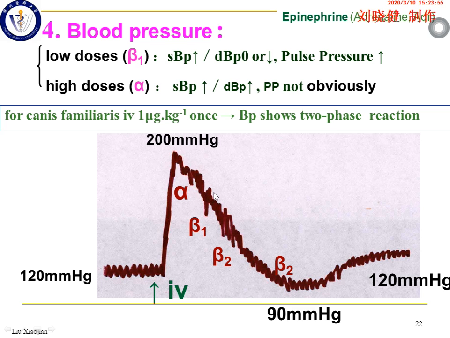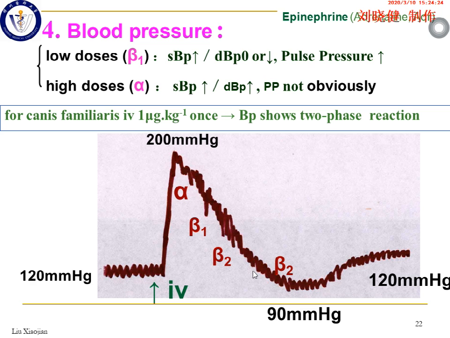With the elimination of epinephrine in the body, the drug concentration is declining. So here epinephrine in the body is at low concentration, similar to the effect caused by low doses of epinephrine. So here, beta receptor almost predominates.